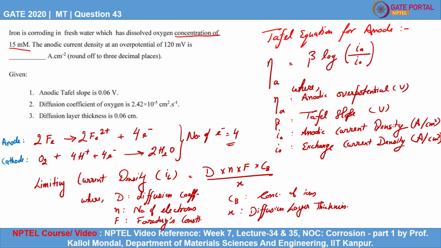Since all these parameters are given in the problem, I am going to straight away apply the values and determine the limiting current density.